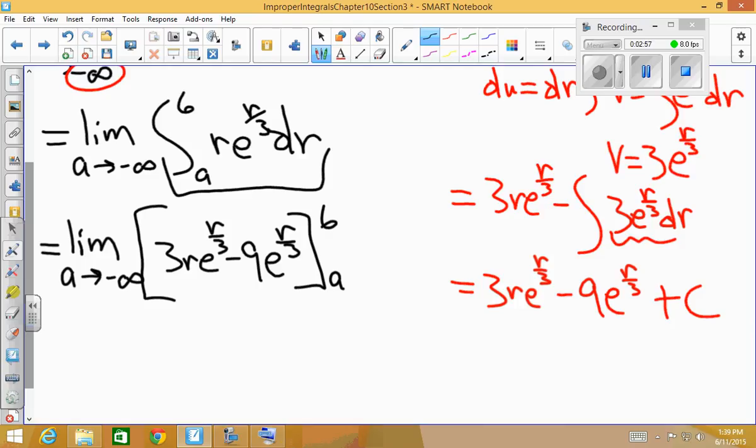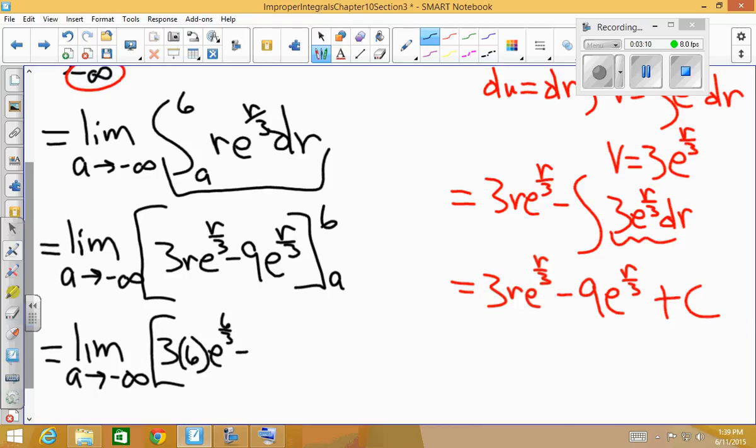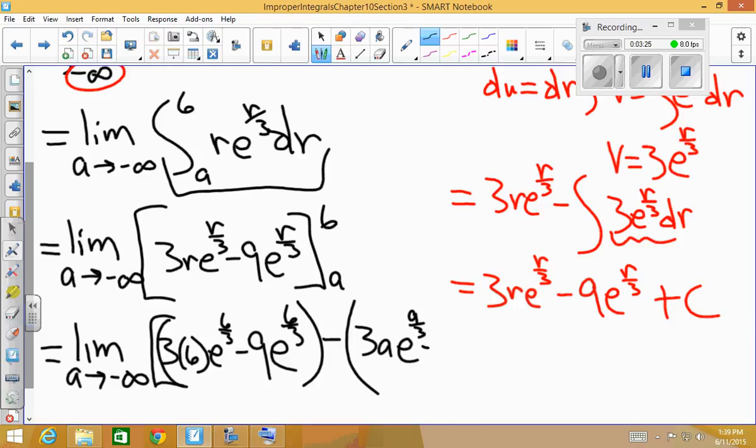So to evaluate this, we substitute in the 6, so 3 times 6, e to the 6 divided by 3, minus 9 times e to the 6 divided by 3, minus, then we put the lower limit of integration in, which in this case is the a, so 3a, e to the a over 3, minus 9e to the a over 3.